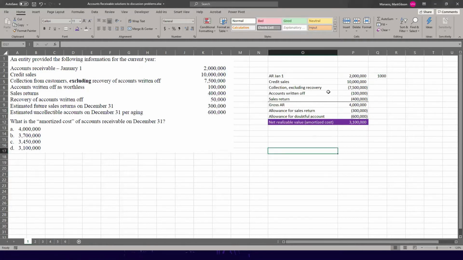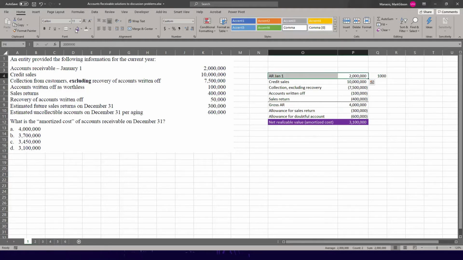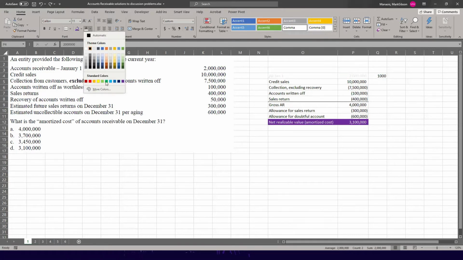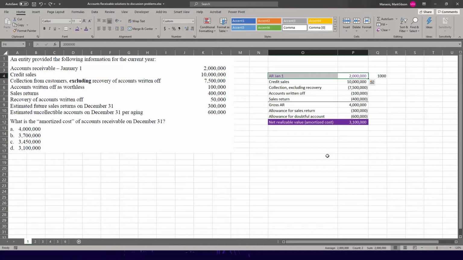Okay, so we have the beginning balance of AR for 2 million. So that's given. Credit sales of 10 million. Plus, ang una nating ginagawa is we're establishing the gross accounts receivable.